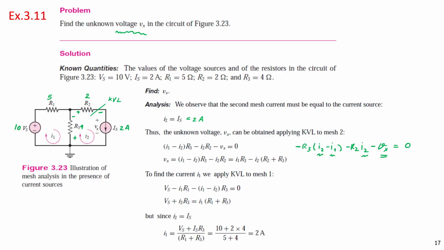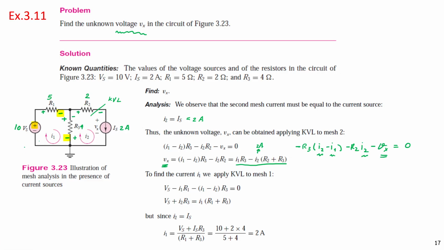Then we can just rearrange the equation for Vx. So take KVL for mesh 1, with these polarities, plus and minus.